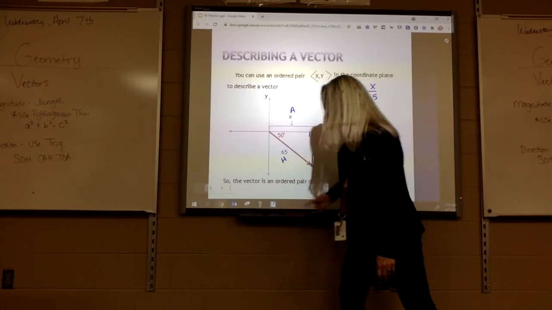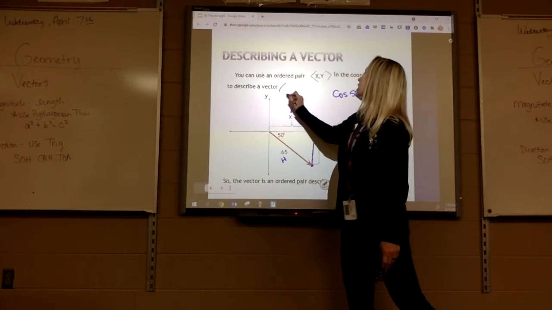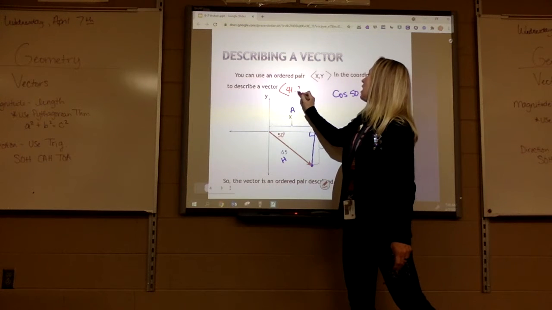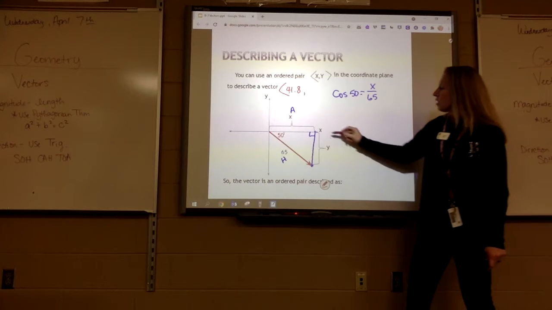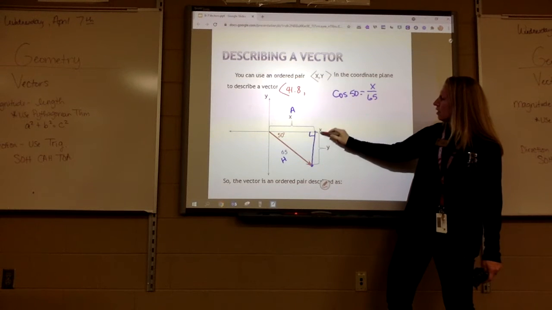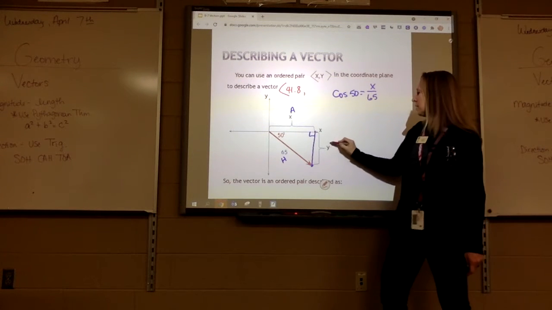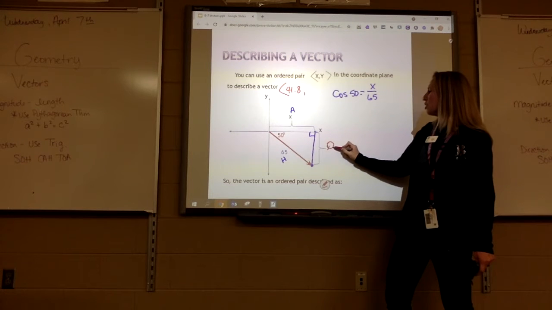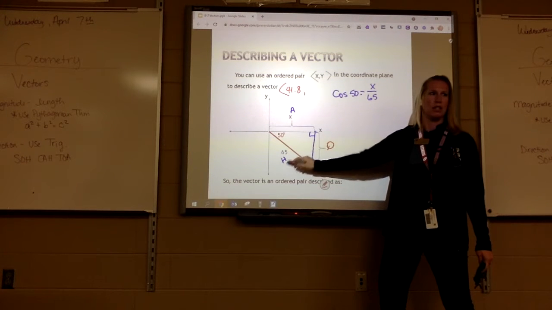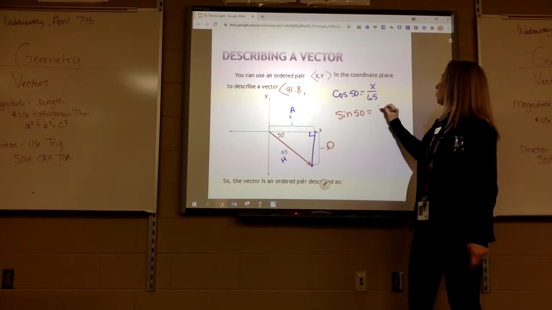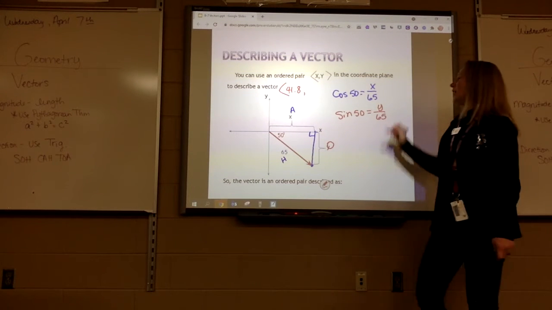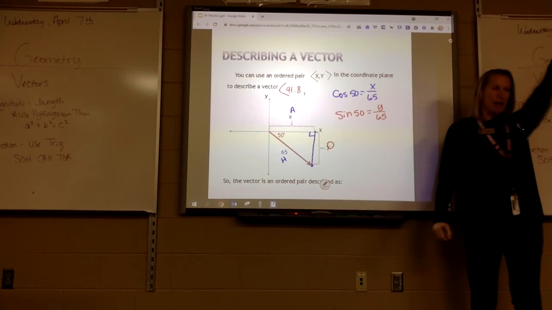So I know I have 41.8, comma, and then I have to figure out my y value. So what is this side called? Opposite. So which trig function is O and H? Sine. So sine 50 equals y over 65. Y is up high.